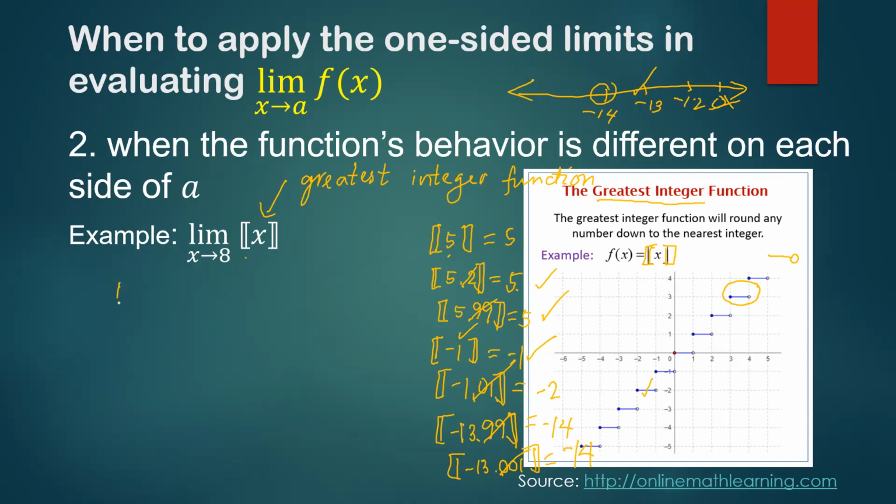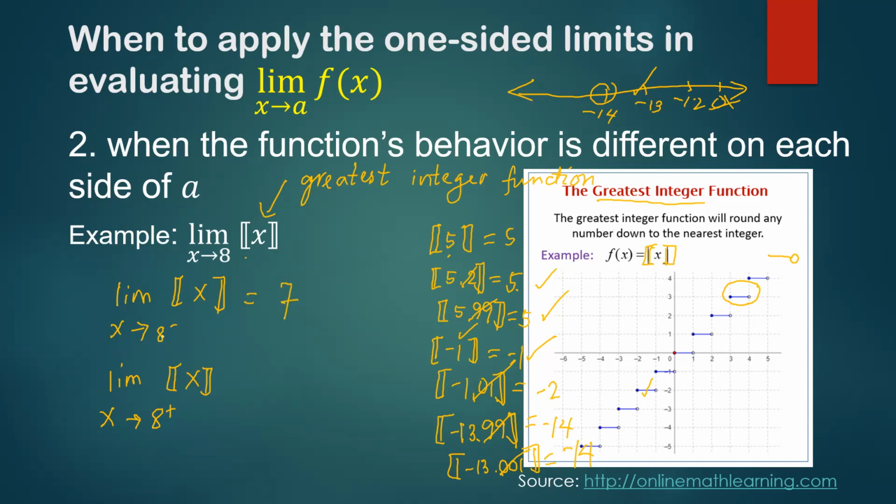Okay? Yun. So, tingnan po natin ito. Pag tiningnan natin yung ating limit as x approaches 8 from the left of this function, tapos we have limit as x approaches 8 from the right of the same function. Pag 8 from the left, we can get 7.9, 7.99, 7.99999, and the greatest integer function of those numbers will be 7.